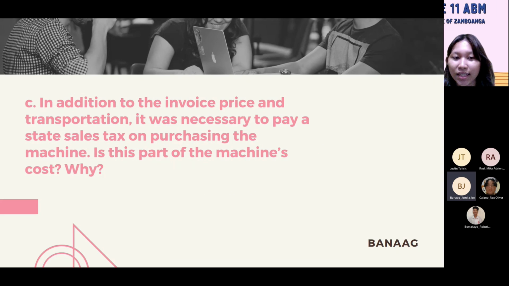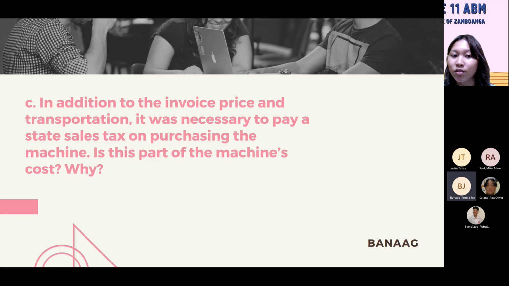Letter C. In addition to the invoice price and transportation, it was necessary to pay a state sales tax on purchasing the machine. Is this part of the machine's cost and why? As we all know, machines are tangible products that are convenient in handling store equipment.